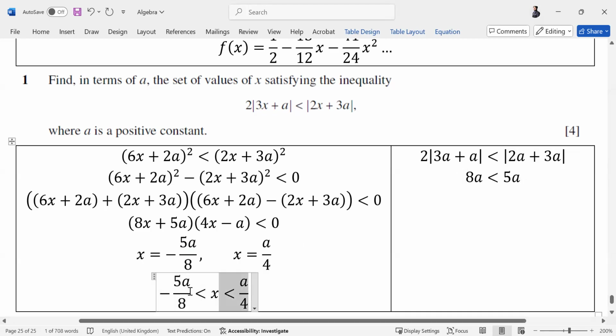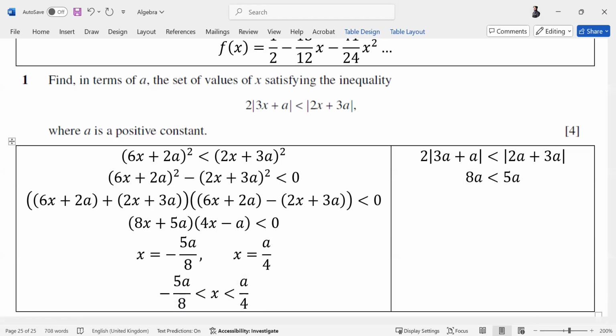This limit is okay. What about this one? Minus 5a over 8. से छोटी कोई value लो. Very good. Minus 2a. So 2 and 3 into minus 2a is minus 6a plus a is less than minus 2a minus 4a plus 3a.